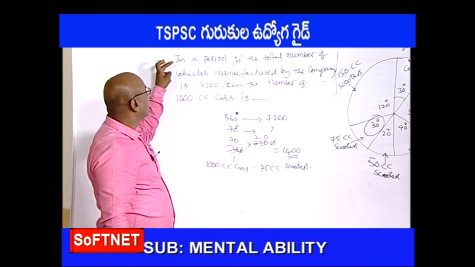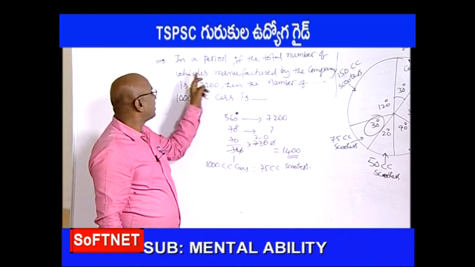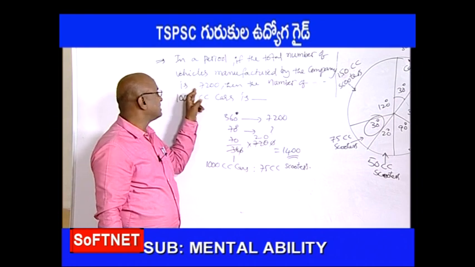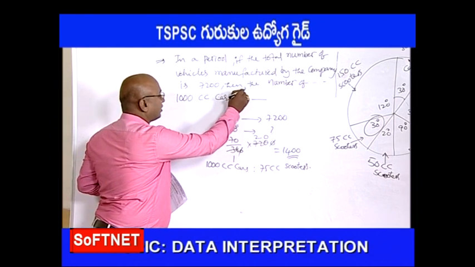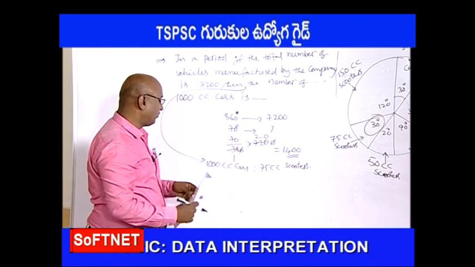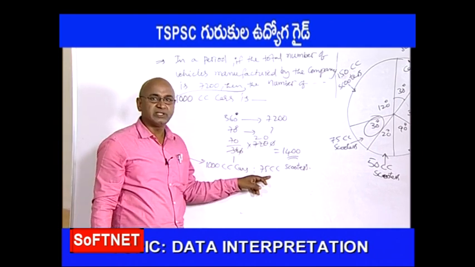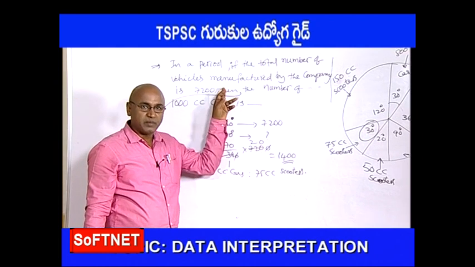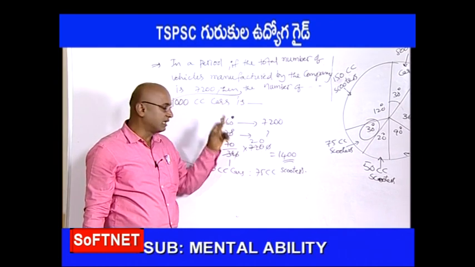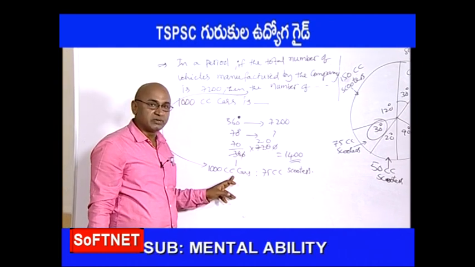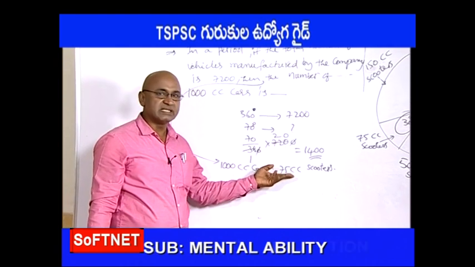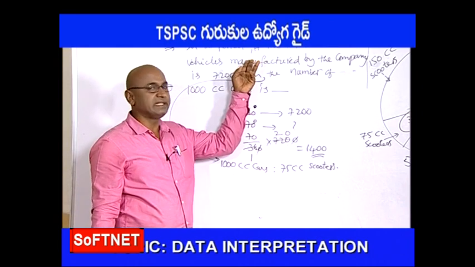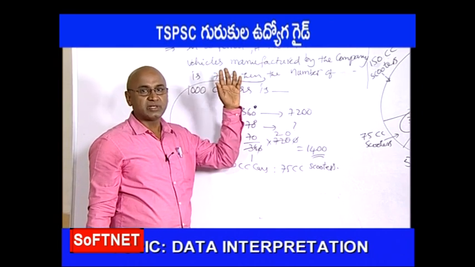In a period, if the total number of vehicles manufactured by the company is 7200, then what is the ratio of 1000 cc cars to 75 cc scooters? If the problem is given like this, there is no need to find the production of 1000 cc cars as well as the 75 cc scooters. It is unnecessary data. So we should not get confused.